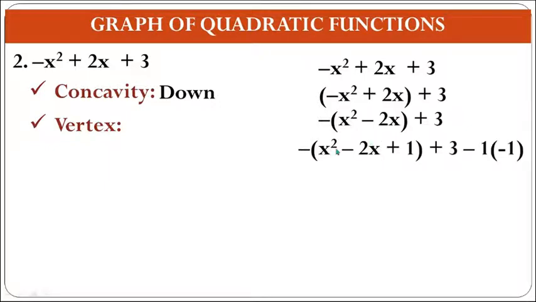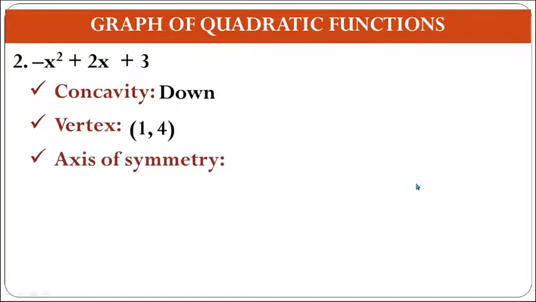Then completing the square, and again plus 2, yun ang ima-minus 2. Then times negative 1, saan nakuha yung negative 1? Yung negative dito sa unahan. Then itong perfect square trinomial natin, gawin natin siyang square of binomial. Now we can identify yung ating h and k. Yung vertex natin is (1, 4). H natin is 1, and yung k natin is 4.